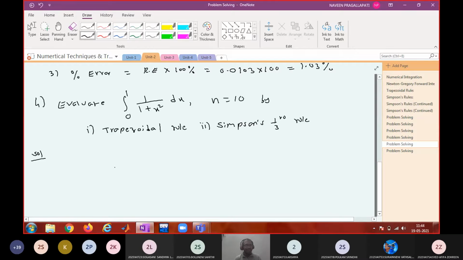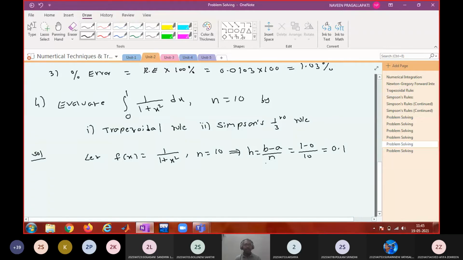So what is your function? Let f of x equal 1 by 1 plus x square, n equals 10. This implies that h equals (b minus a) by n, equal to (1 minus 0) by 10, equal to 0.1.